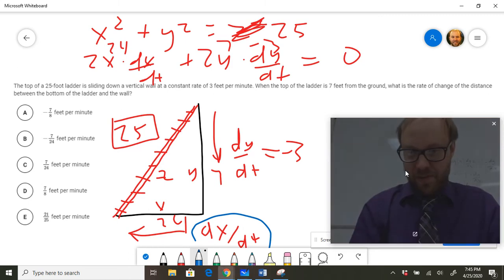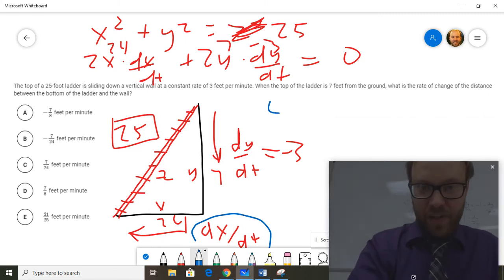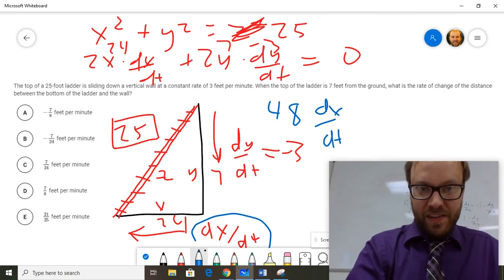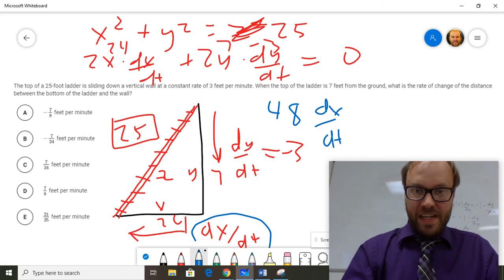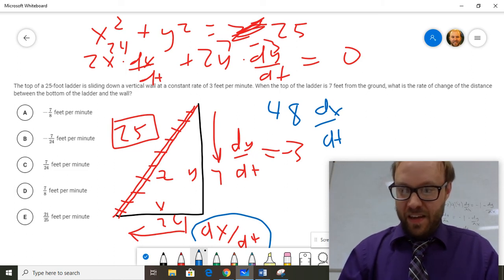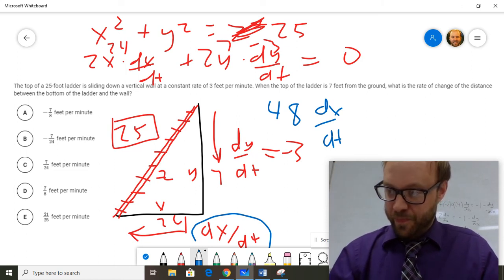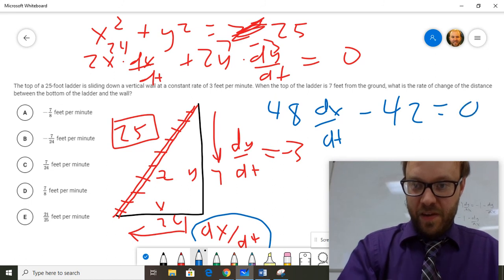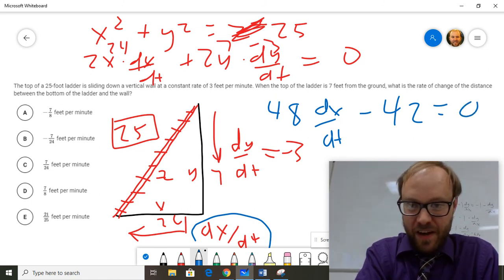Let me get my picture out of the way here. 48 dx dt plus, let's see, 7 times 2 is 14 times negative 3. That's going to be, let's see, 14 times negative 3 is negative 42. That's minus 42 is going to be equal to 0 when you substitute everything in there.